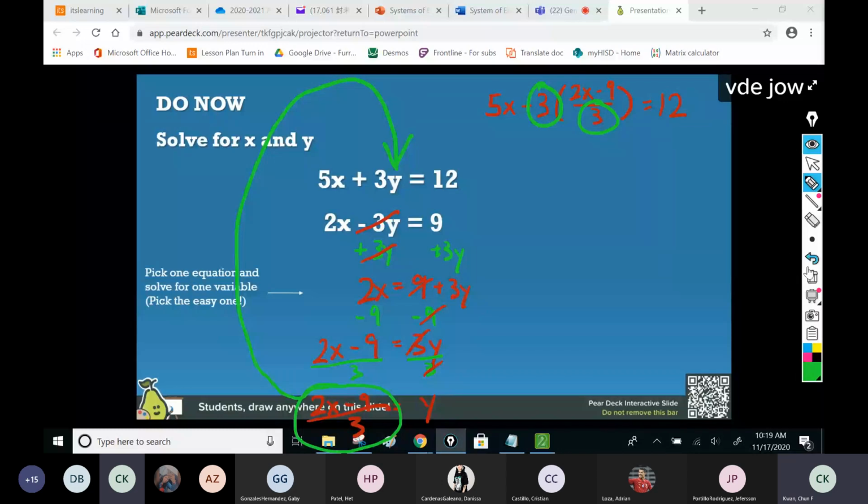You can have them cancel out. So in this case, the 3 and the 3 cancel out, becoming a 1 and a 1, or in other words, they are gone.